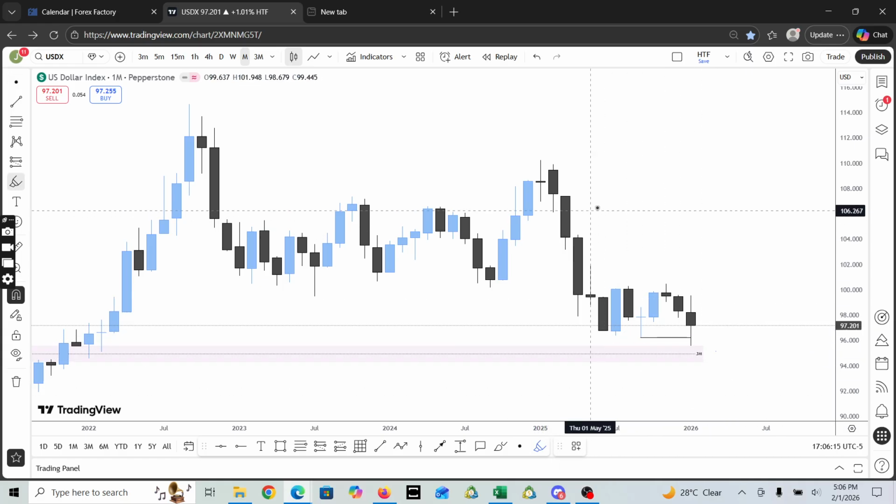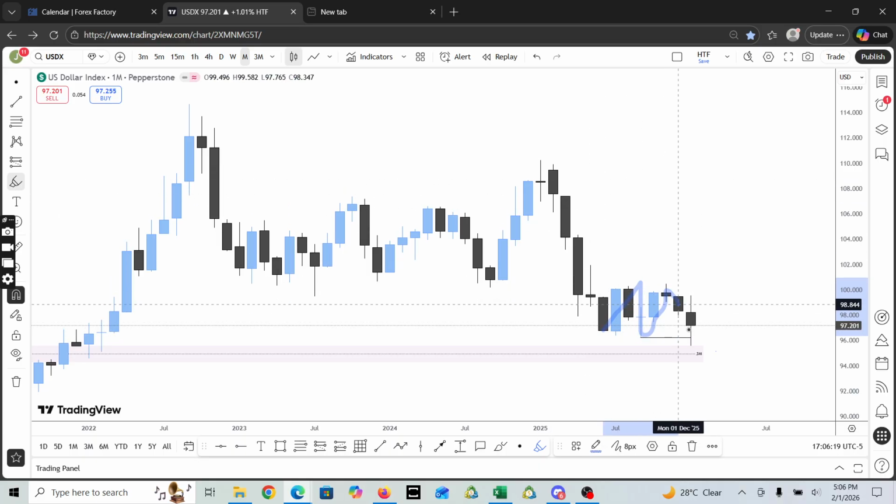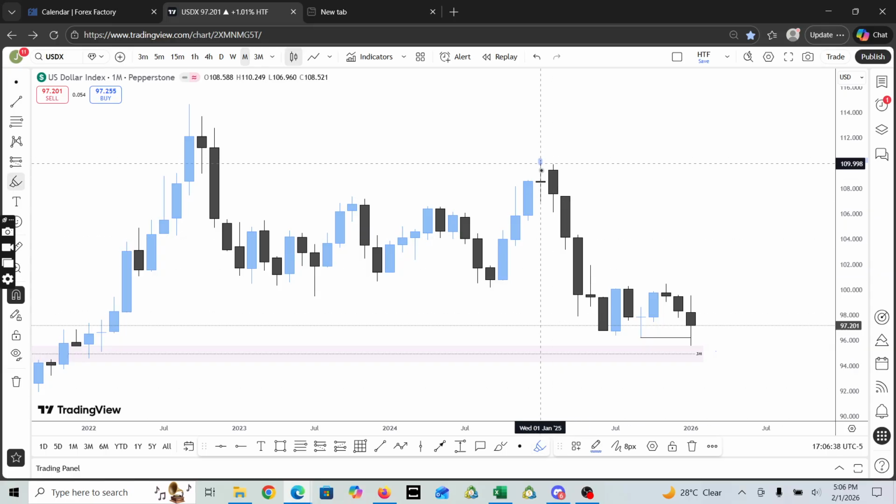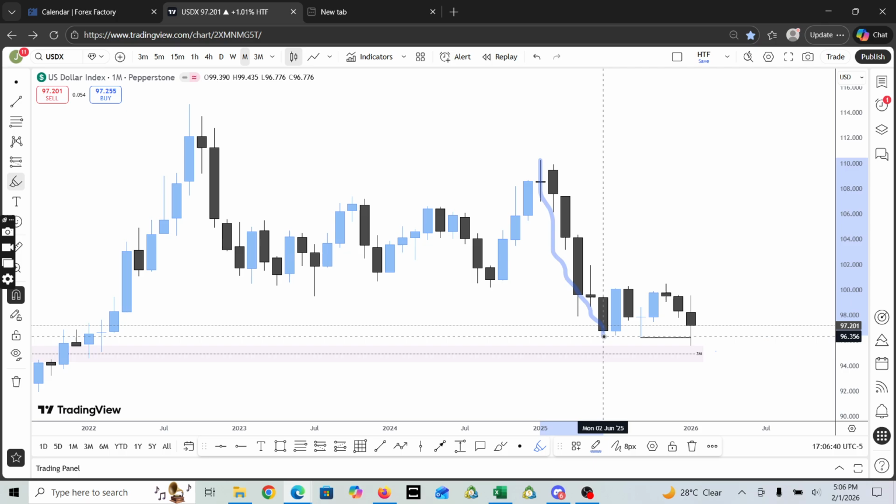Now I want to draw your attention to this consolidation that we've seen on the chart for some time now. And if you will bear with me, you will understand that we had nice expansion here, which is leading to this consolidation that we are seeing.